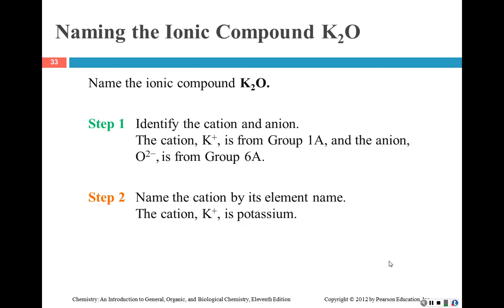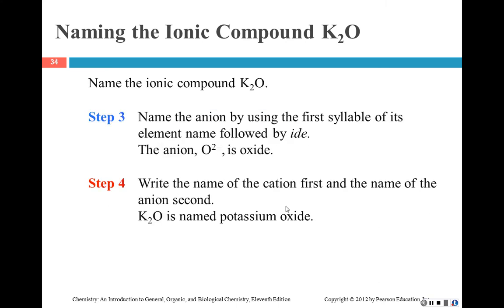So K2O. First thing you do is identify the cation, and the cation is K, which is potassium. And the anion is O, which is oxygen. So we've got potassium and oxygen.